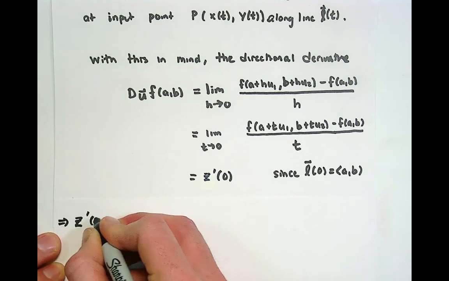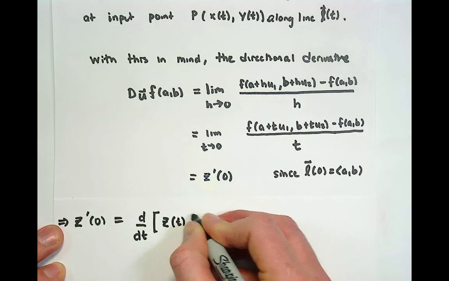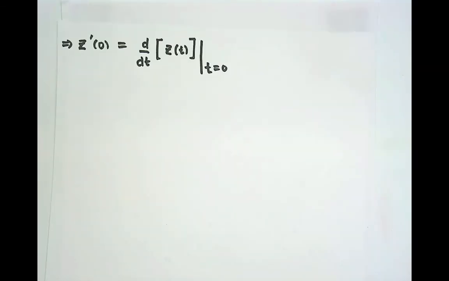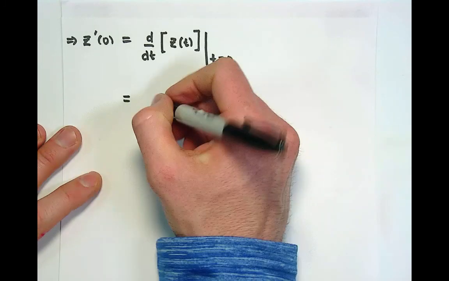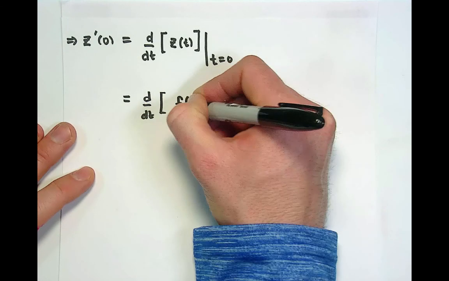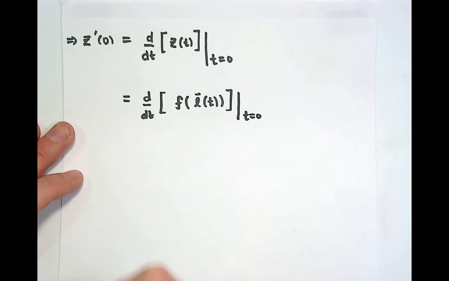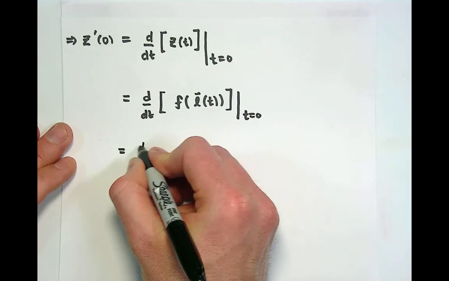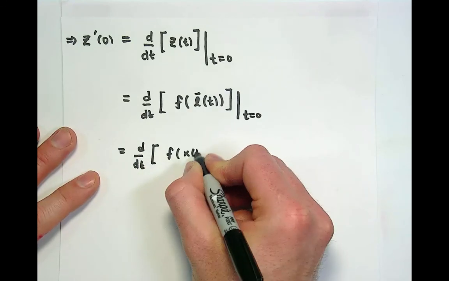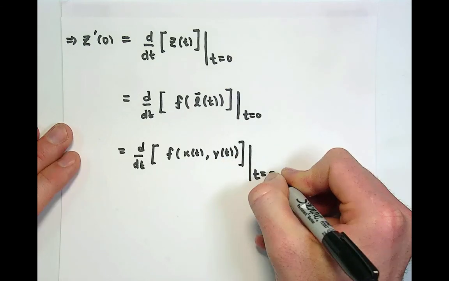When we look at z prime of 0, this of course is the ordinary derivative of z of t evaluated at t equals 0, which is going to be called the ordinary derivative of f of L of t evaluated at t equals 0, which of course, because L of t is a parameterized vector valued function with two outputs, we would call this x of t comma y of t. And of course, we're going to evaluate this derivative at t equals 0.